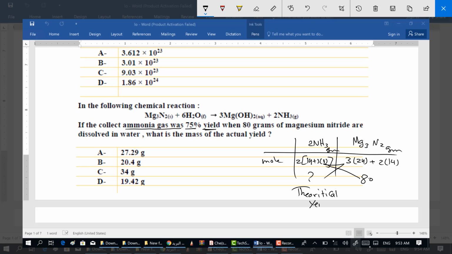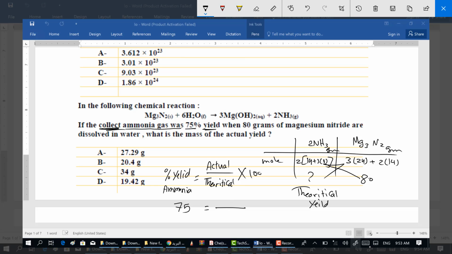yield. Percentage yield of ammonia, since it says we collected the ammonia, it will be the practical or actual yield divided by the theoretical yield, multiplied by 100. In this case, 75%.